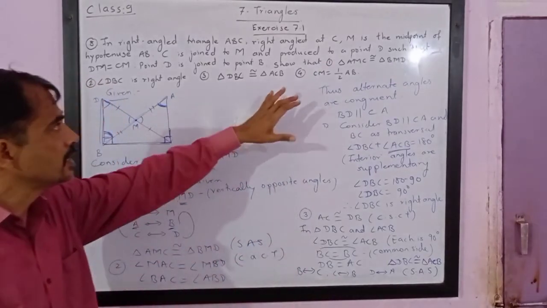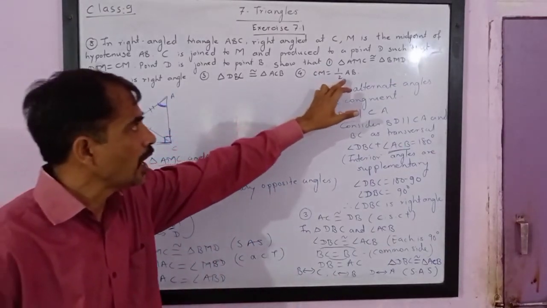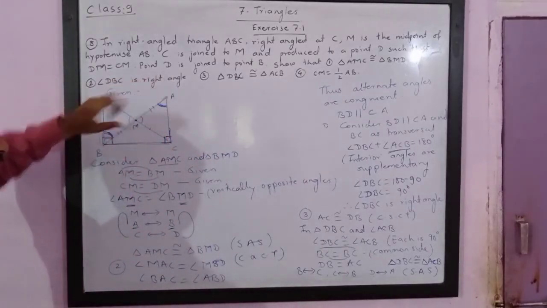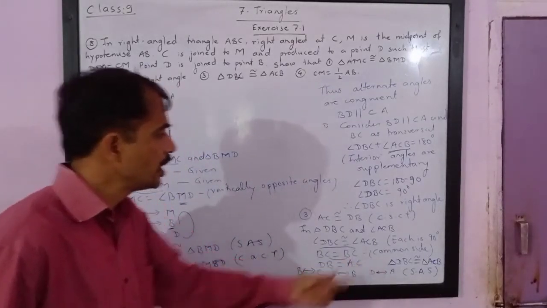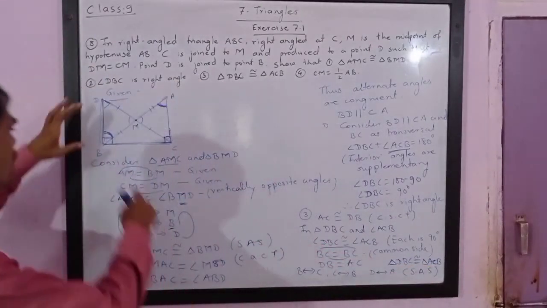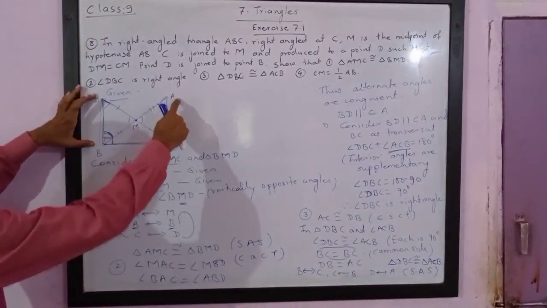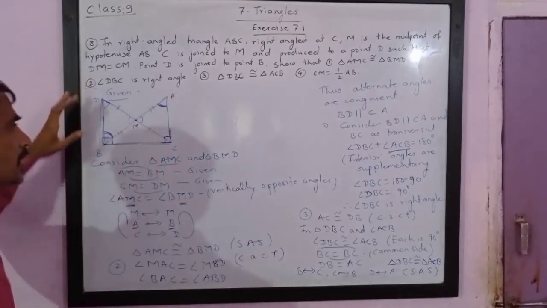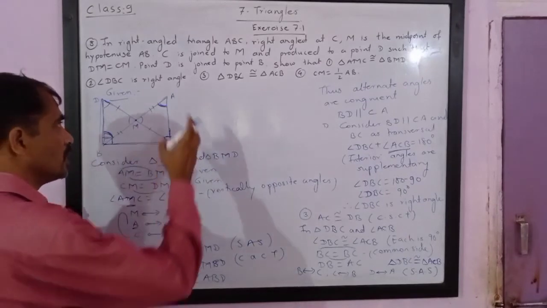Now fourth part is CM is equal to half of AB. CM is this part and AB is this part. Now we have just got triangle DBC is equal to triangle ACB. That is DBC is equal to ACB. It means DC is equal to AB. Reason is they are corresponding parts of congruent triangles.